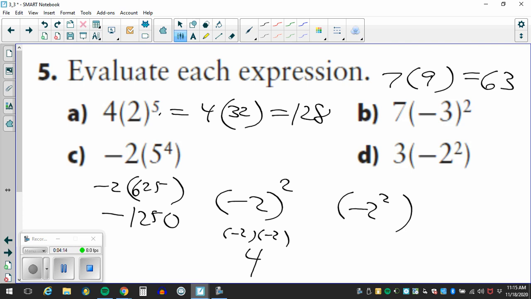So you must treat it as if it was its own entity. You can almost ignore the brackets and say, what does this say? And this says the opposite or the inverse value of 2 squared. Since 2 squared is 4, then its opposite would be negative 4. So my next line is going to be 3 multiplied by negative 4, which is a negative 12. And that's the standard form for that.